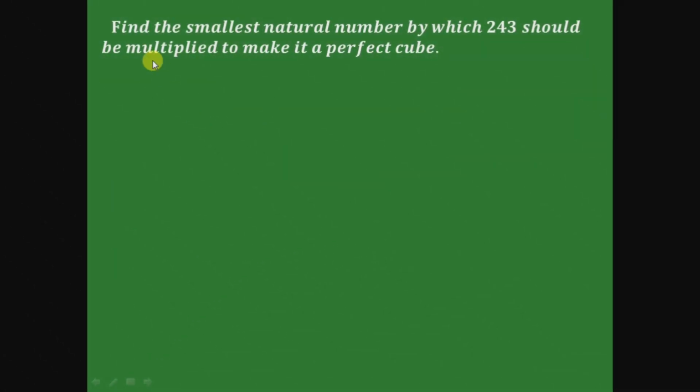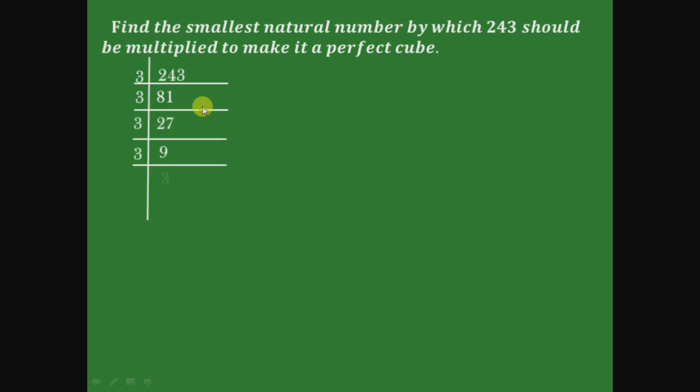My next question is: find the smallest natural number by which 243 should be multiplied to make it a perfect cube. As we know how to factorize 243 because we have already done it, 243 can be written as 3 into 3 into 3 into 3 into 3.